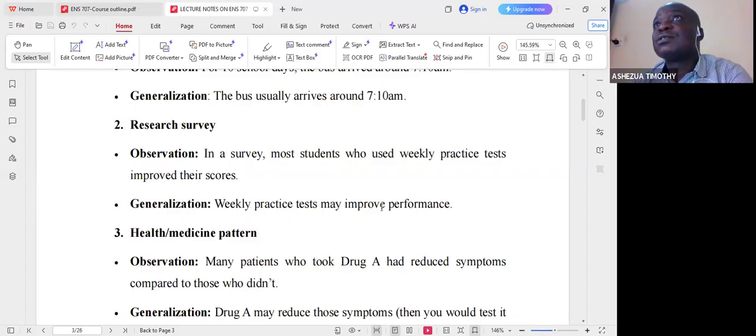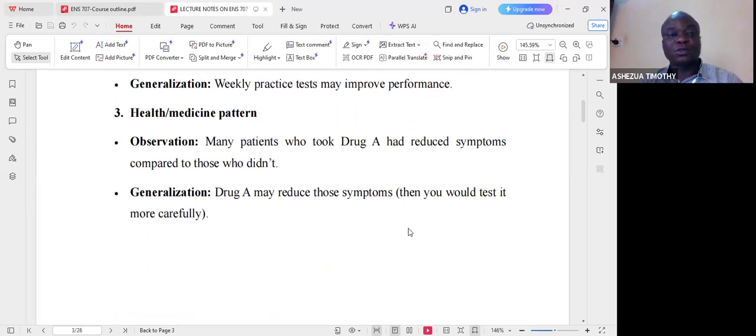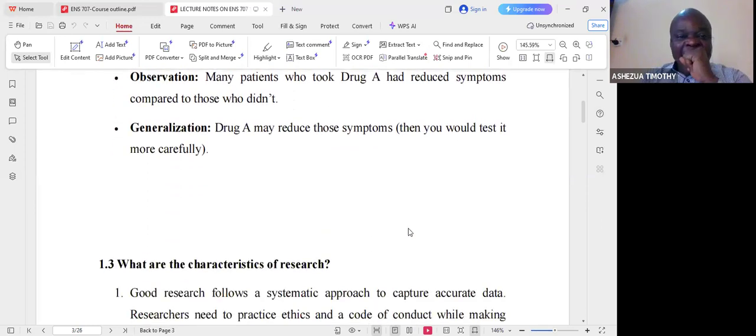And it's true, because there's no way I'll be practicing and someone who is not practicing will do better than somebody who is practicing. So this observation is very true, and from there you can generalize your conclusion by saying that weekly practice tests may improve performance. So take your time to go through the data.